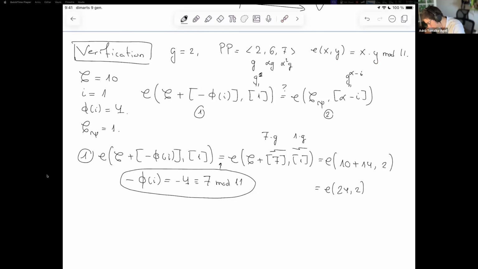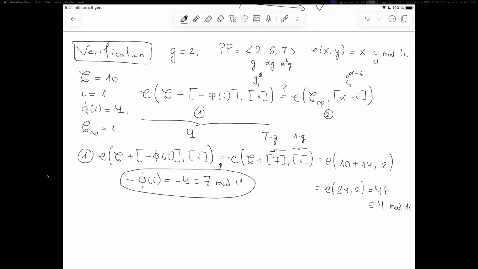So this is 48, and mod 11, how much is this? 4. 4, perfect. That's great. So the left-hand side is 4. And let's see if the right-hand side is as well 4. If it is, then the verifier checks the proof and believes the prover.